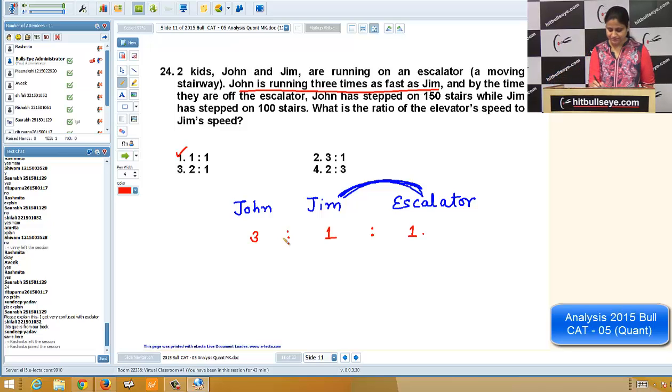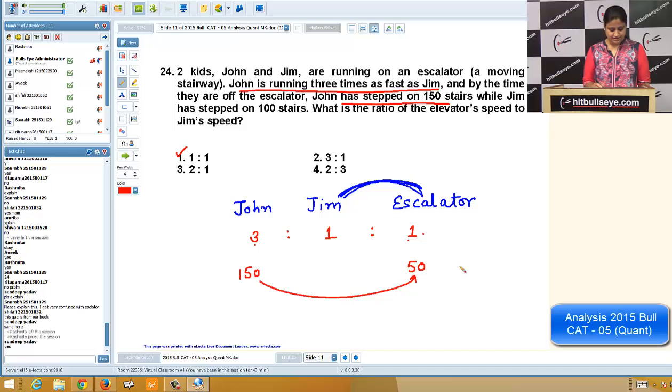Now coming to another line, John has stepped on 150 stairs. If John is stepping 150 stairs, the escalator will move, see the ratio 3:1, to maintain this ratio, 50 steps. Are you getting me? That was the catch in this question. Clear? Okay. So in total, how many steps were there in the escalator? There were 150 plus 50, 200.